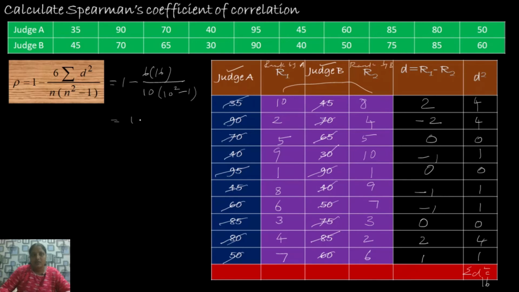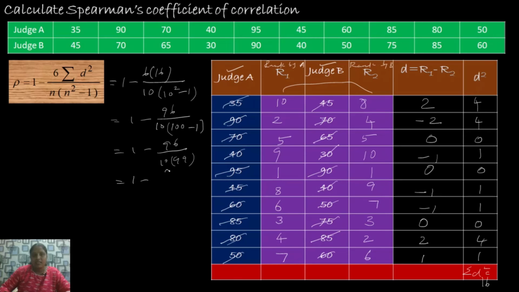That is 1 minus 6 16s are 96 over 10, 10 square is 100 minus 1. By simplifying the denominator first, 10 multiplied by 99 you get 990.